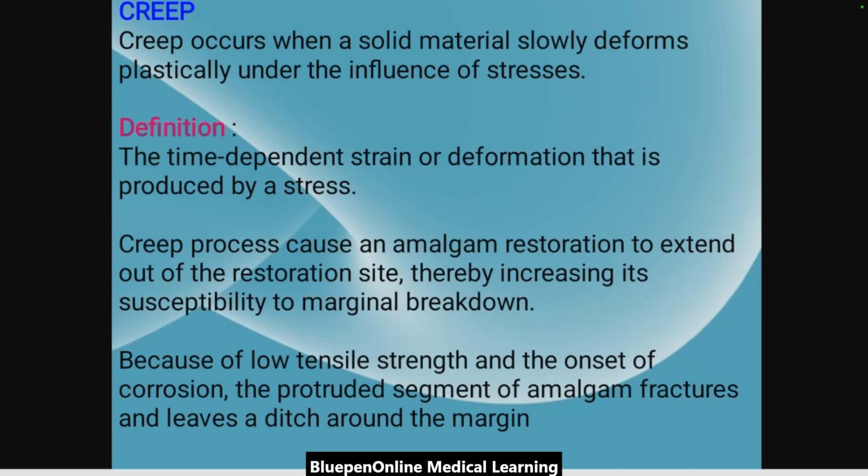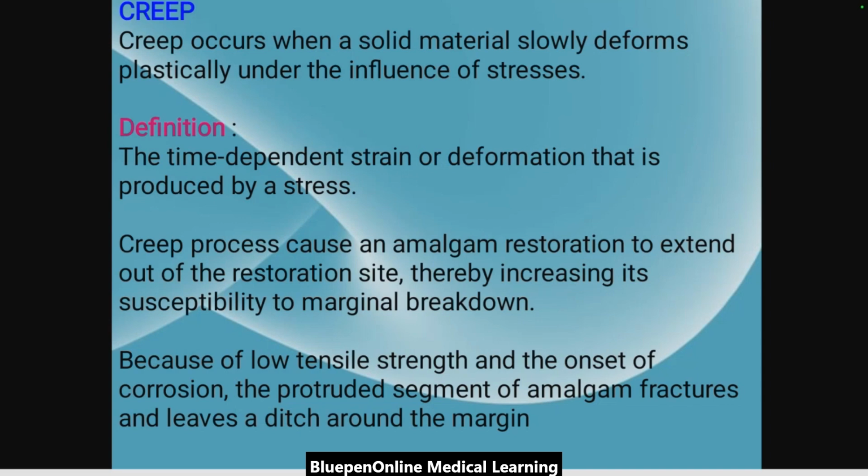When any solid material is subjected to a certain amount of stress and there is some deformation occurring in it, that is called creep. The definition for creep is the time-dependent strain or deformation that is produced by stress. It doesn't happen immediately, or according to the strain that is applied. It is a time-dependent entity.